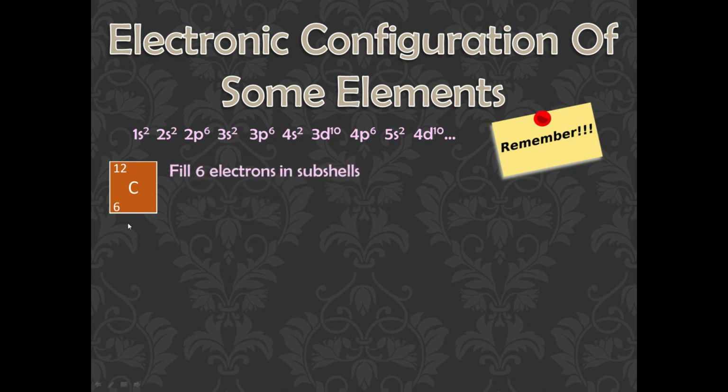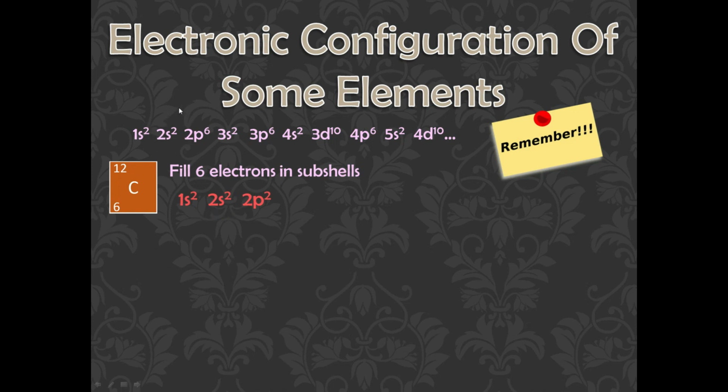Now fill 6 electrons in these subshells. How will you fill? The electronic configuration for carbon will be 1s2, 2s2, 2p2. First of all, you will write the first subshell 1s2. Only 2 electrons can come in this subshell, so you have filled 2 electrons over here.